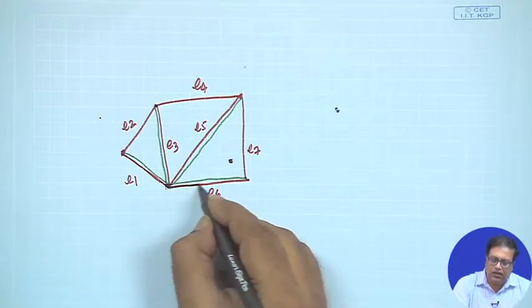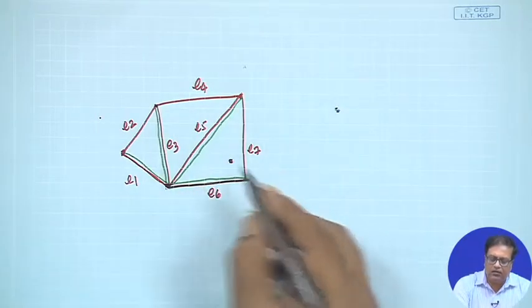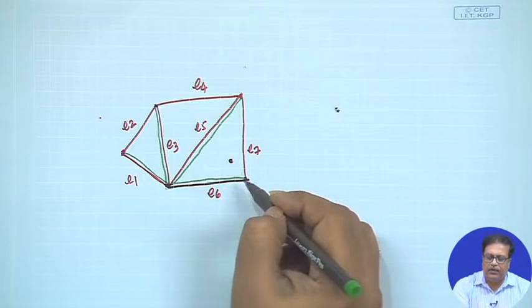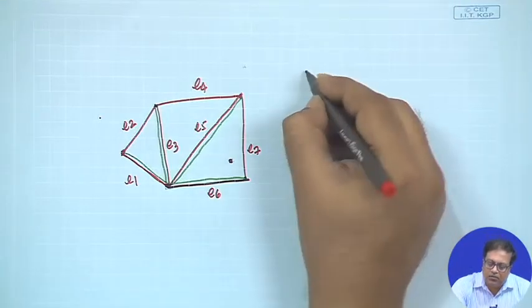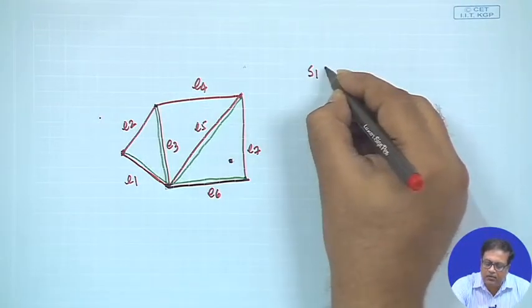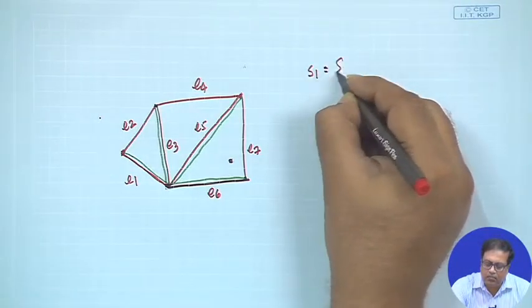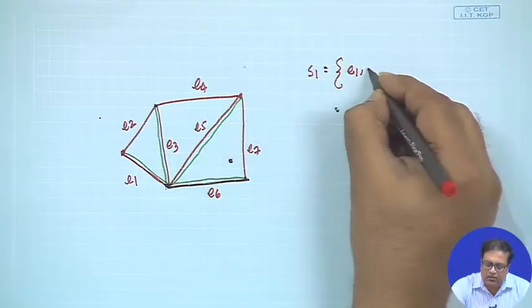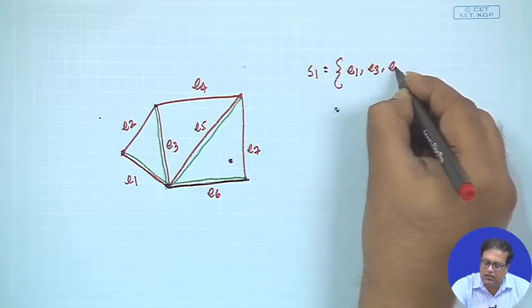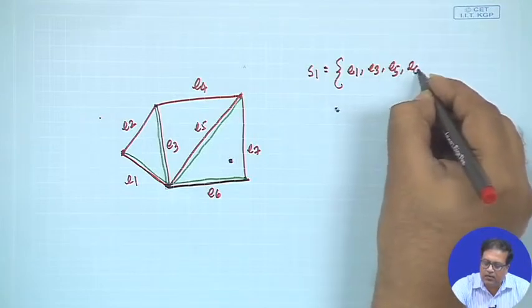This is also a spanning tree. There are 1, 2, 3, 4, 5 vertices, so there will be 4 edges. That should be a spanning tree. So one spanning tree S1 could be 4 edges, it is a set of edges: E1, E3, E5, E6.